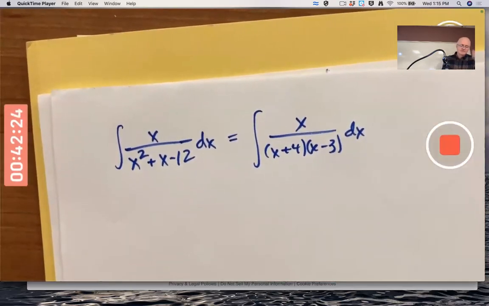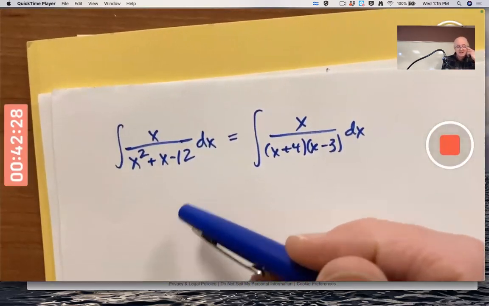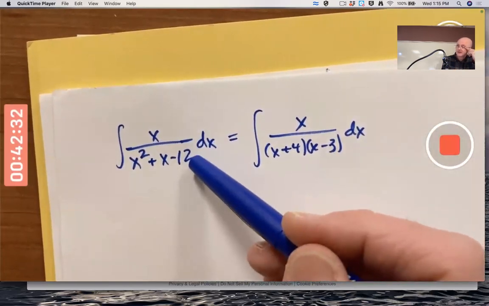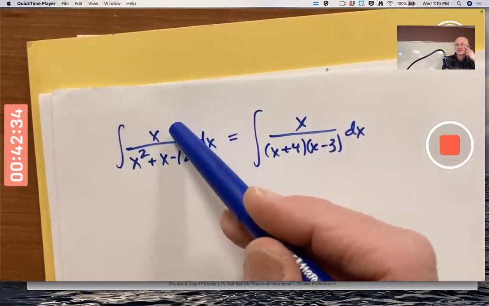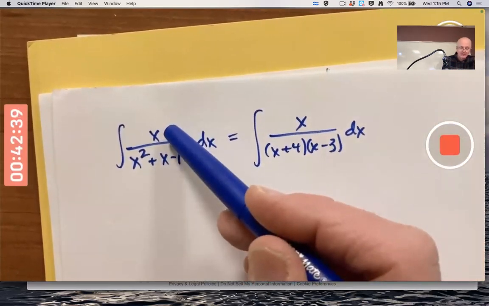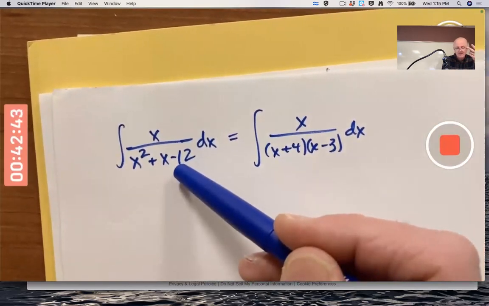And if the top has a degree less than the degree of the bottom, which it does, the degree of that is 1, highest power of x, the degree of this one is 2, you can use partial fractions right away.